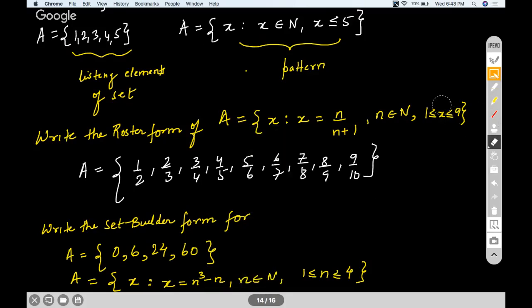Not x, it's n that lies between 1 to 9. Sorry for the misprint there. Now it is clear.